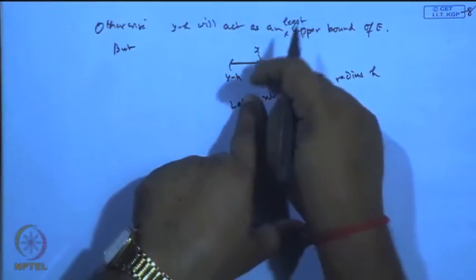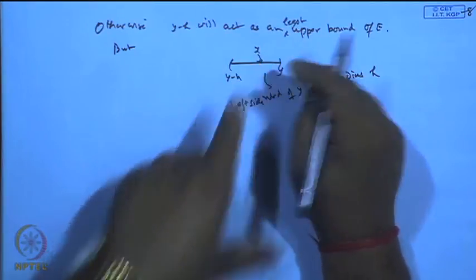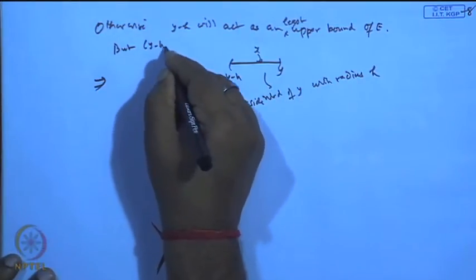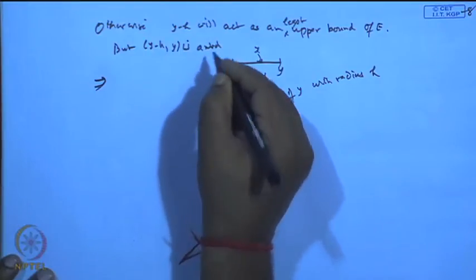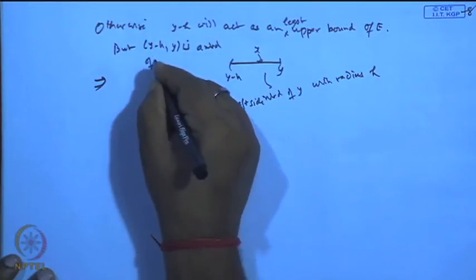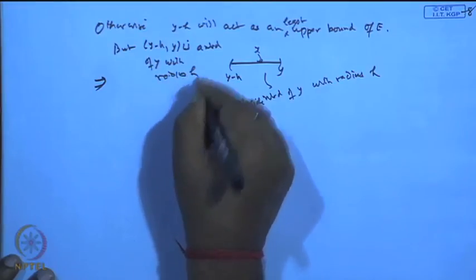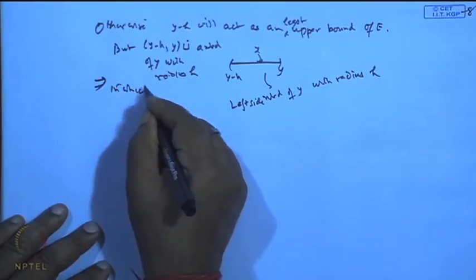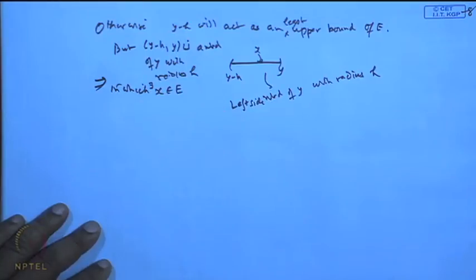It means every neighborhood of y will include at least some point of E. So, this is a neighborhood of y with radius h, in which there exists a point x in E.